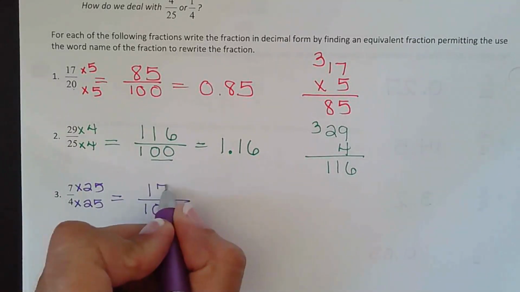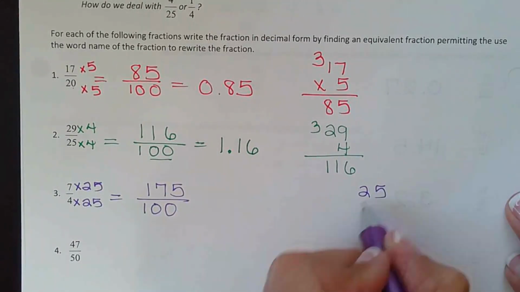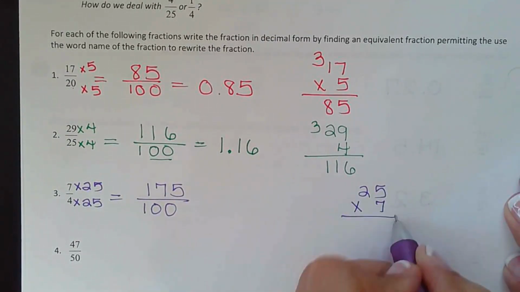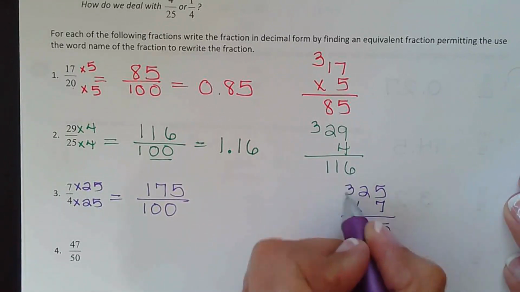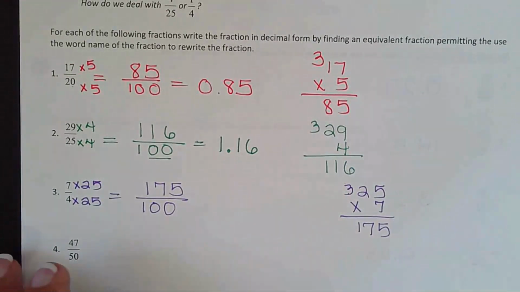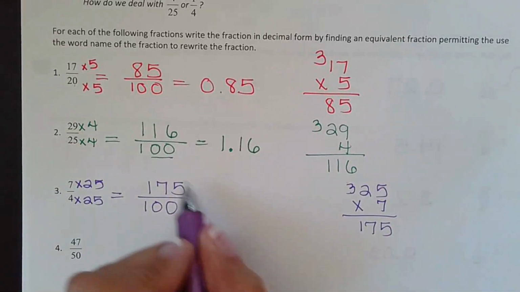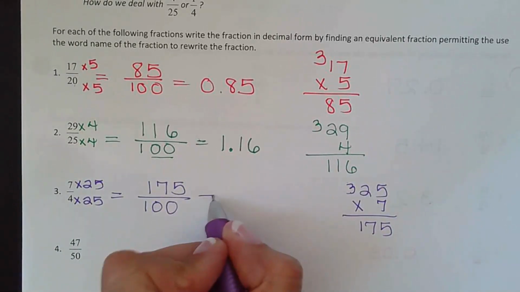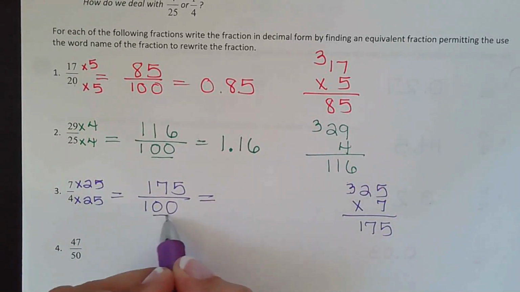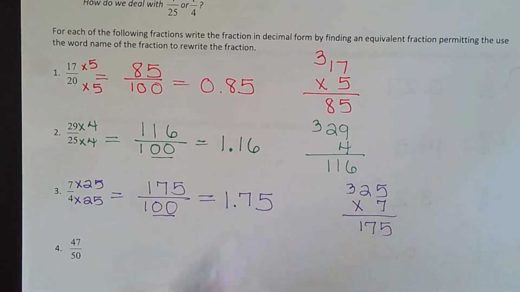So this is 175. And if you don't believe me, you can do that yourself as well. 35, carry your 3, 14, 15, 16, 17. So anytime I see 25, I think quarters. 7 quarters is $1.75. Okay, larger than 1 again. So we know there's going to be a whole number out in front because there can only be 2 decimal places. So 1.75.